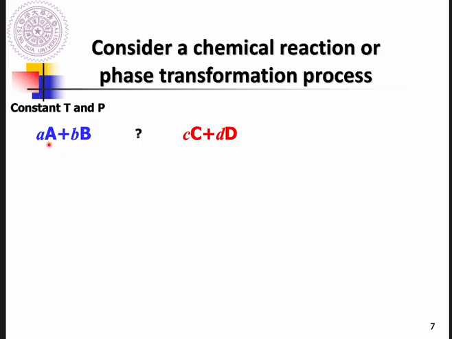On the left-hand side, I have a moles of A and b moles of B. On the right-hand side, you have c moles of C and d moles of D. How do we determine the reaction direction? Based on your background or your knowledge, how do we determine whether this reaction goes to the right-hand side or the left-hand side?